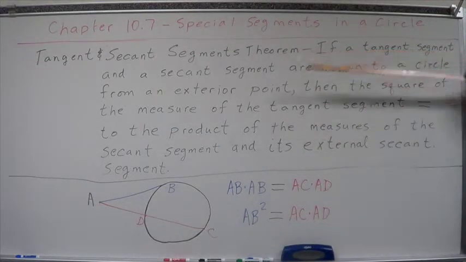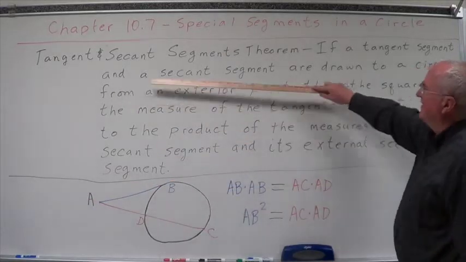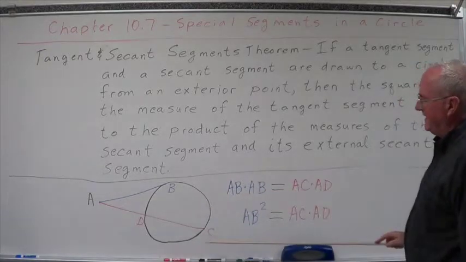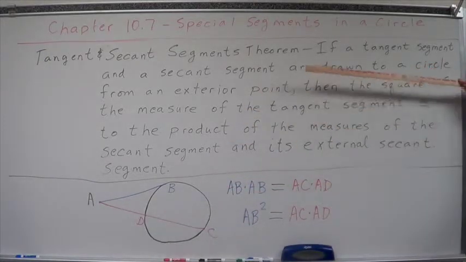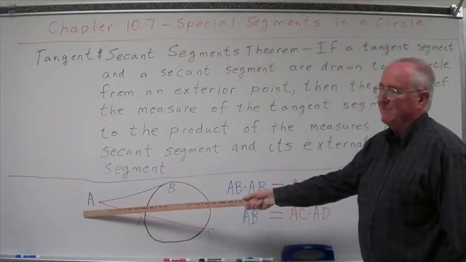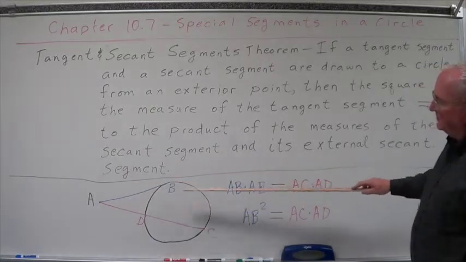Okay, we were introduced to that last time. One more time, if a tangent segment AB and a secant segment AC are drawn to a circle from an exterior point, and they both originate from point A, which is exterior to the circle. We have a tangent AB to that circle.